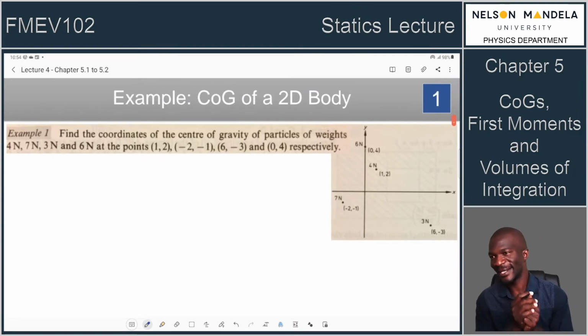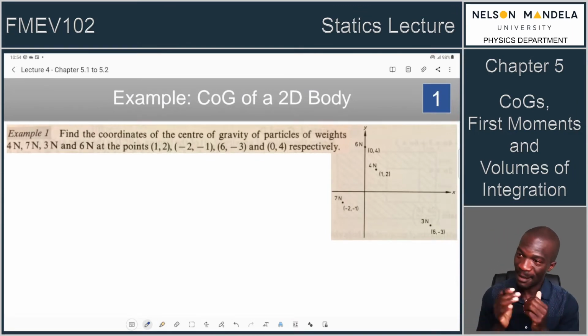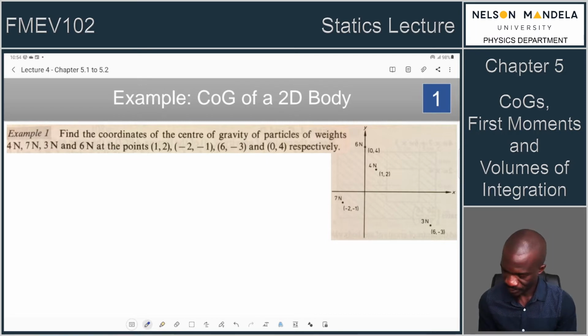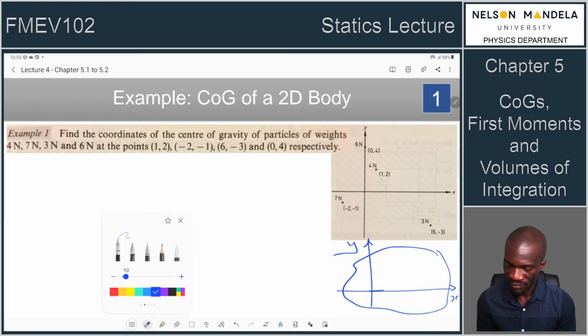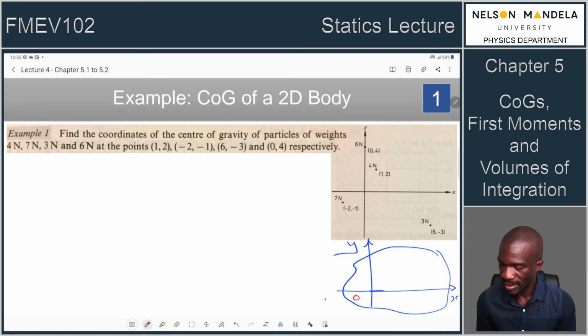So in this example, we have an application of our case. So we have some body, right? If we were to use the x-y axis to describe its individual points or individual particles, this body has, let's call it particle 1.